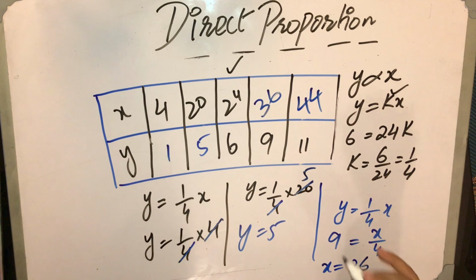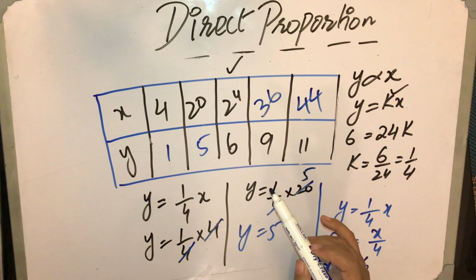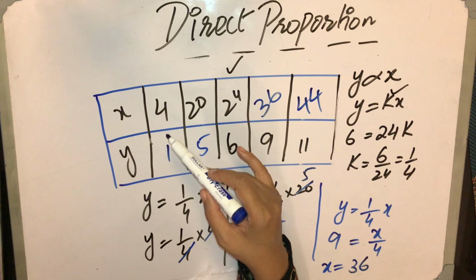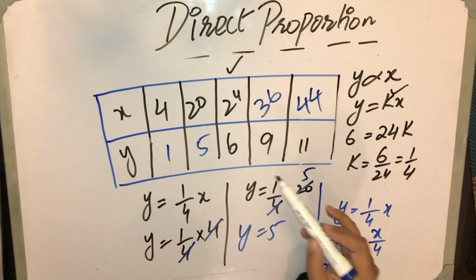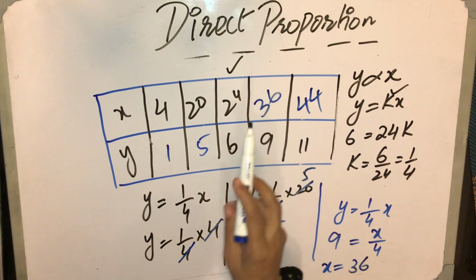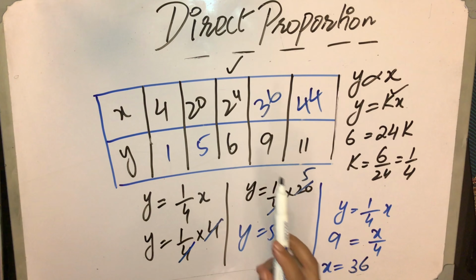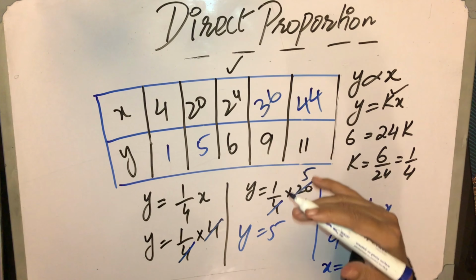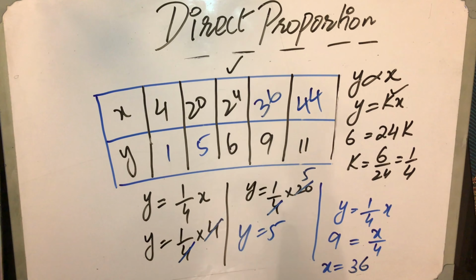So basically in this question, when we have to find y, we will divide the value of x by 4, and when we have to find x, we shall multiply the value of y by 4. To find the value of x, we have to multiply. To find the value of y, we have to divide.